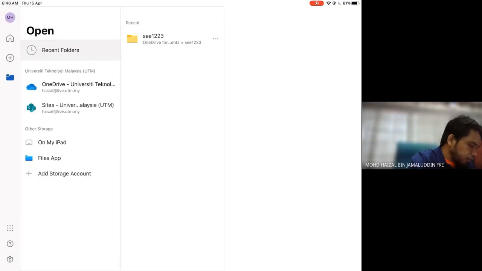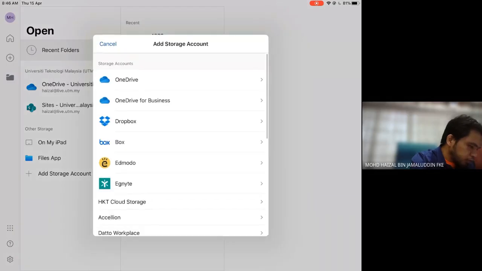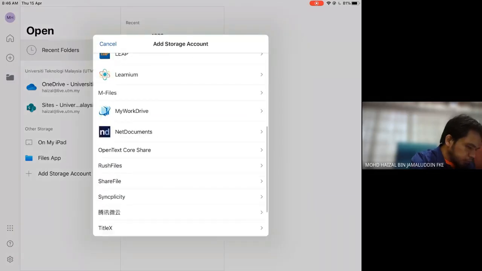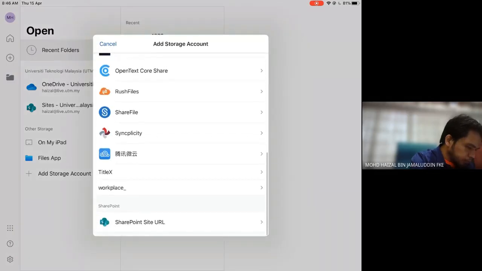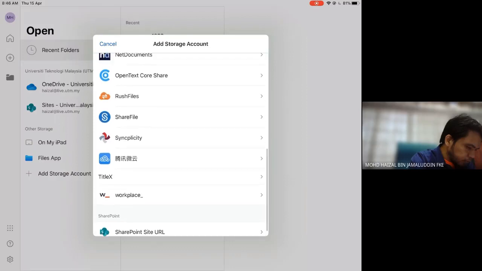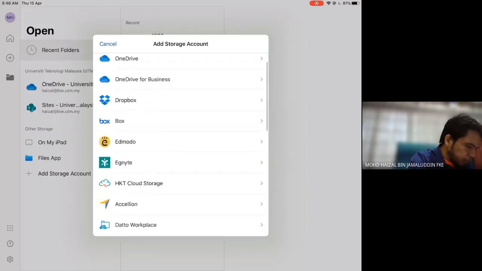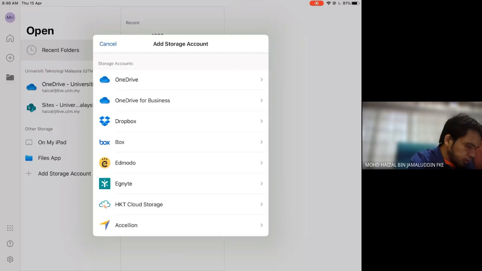I try to open storage account. Dalam OneDrive.